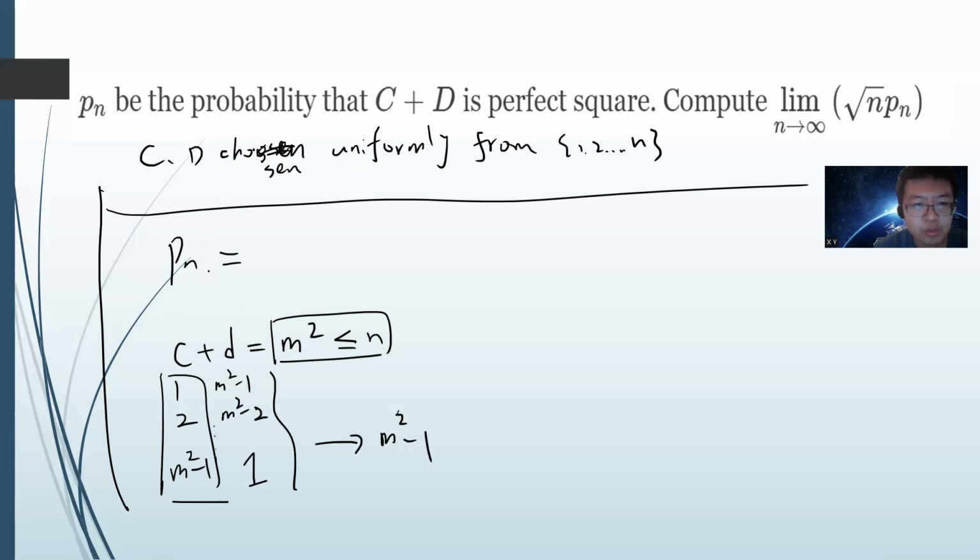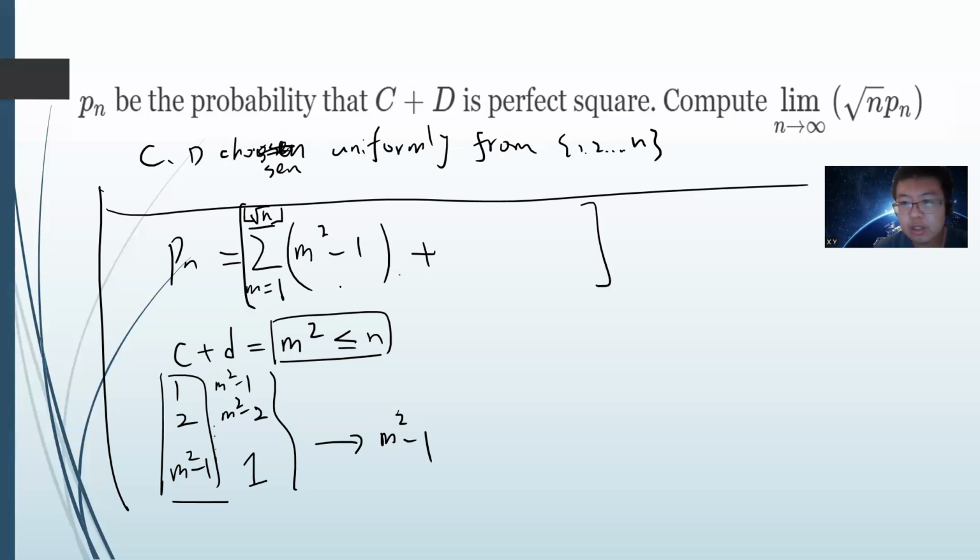So the count for Pn is m squared minus 1 if m squared is at most n, so you sum m from 1 to the square root of n, taking the floor function.